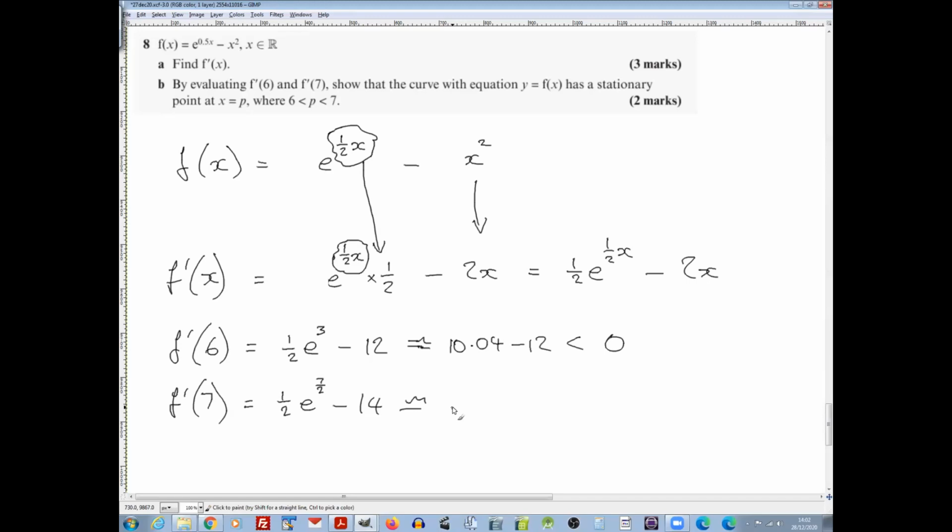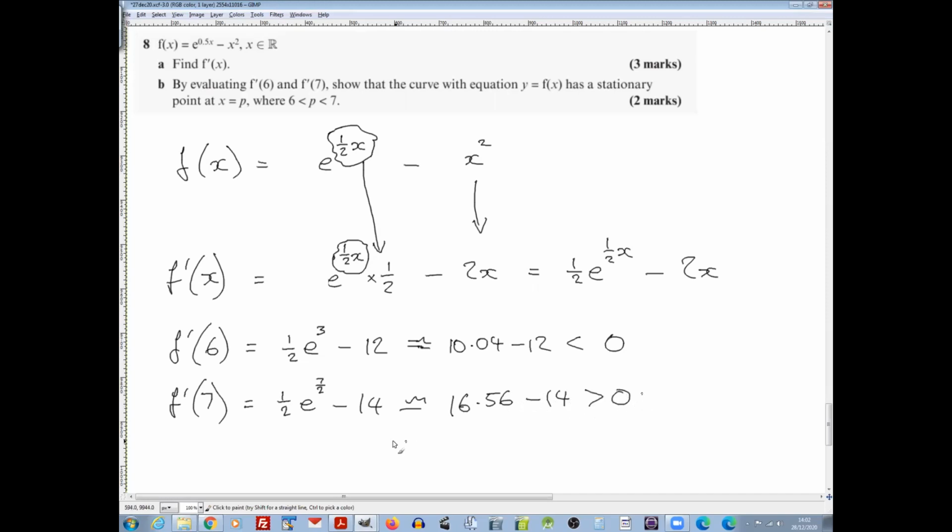So e to the power of 7 halves, over 2, which is 16.56 minus 14, which is greater than 0.